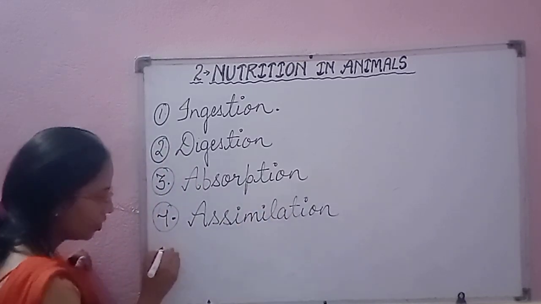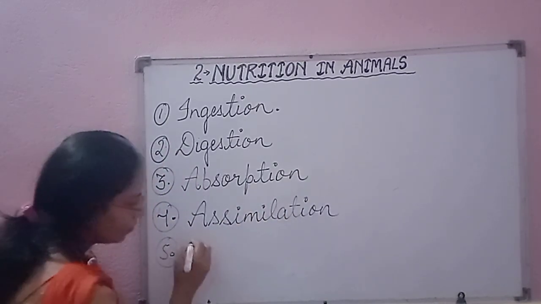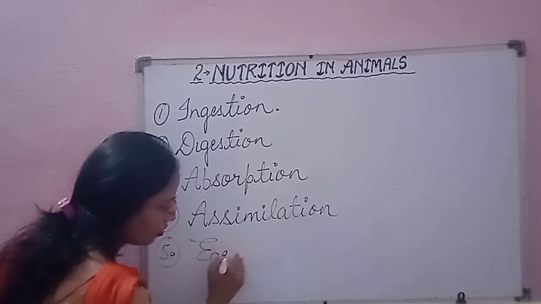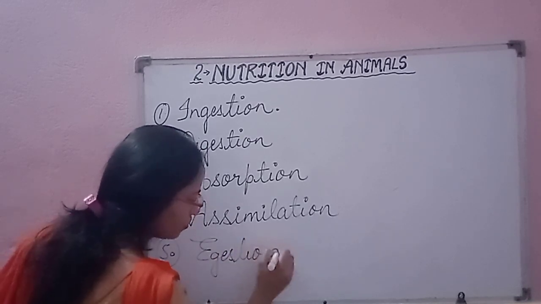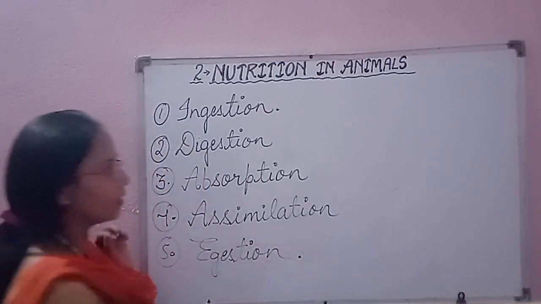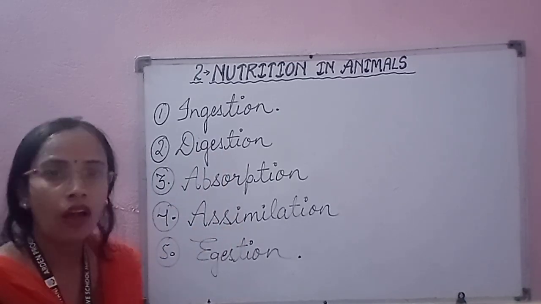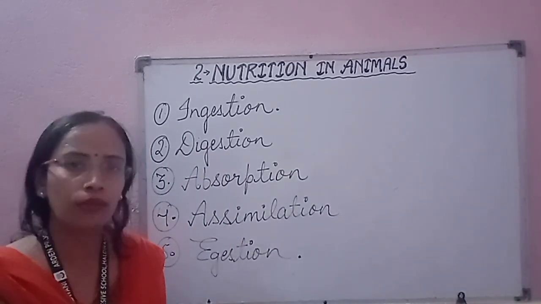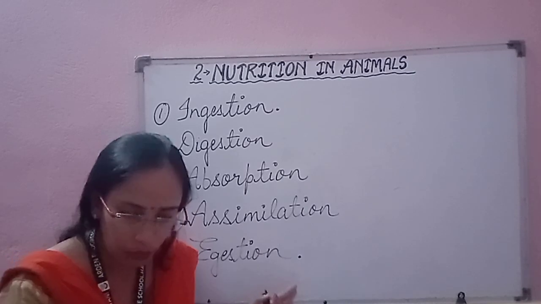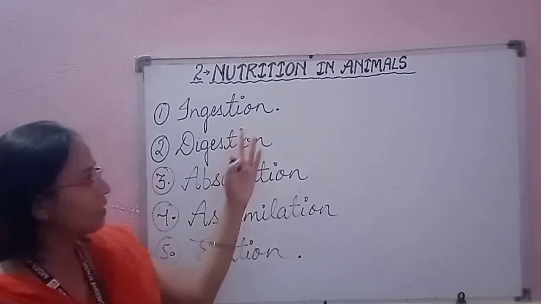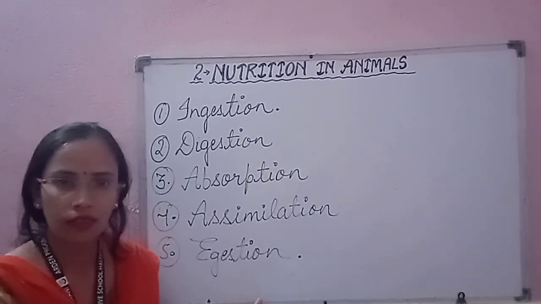And the fifth one is egestion. So these are the 5 steps of nutrition, or you can say digestion. So in your first fill in the blanks, these 5 points are the answer.